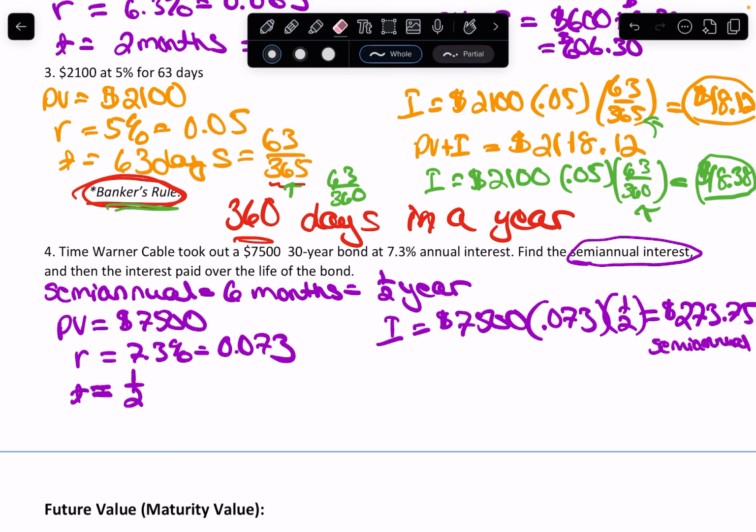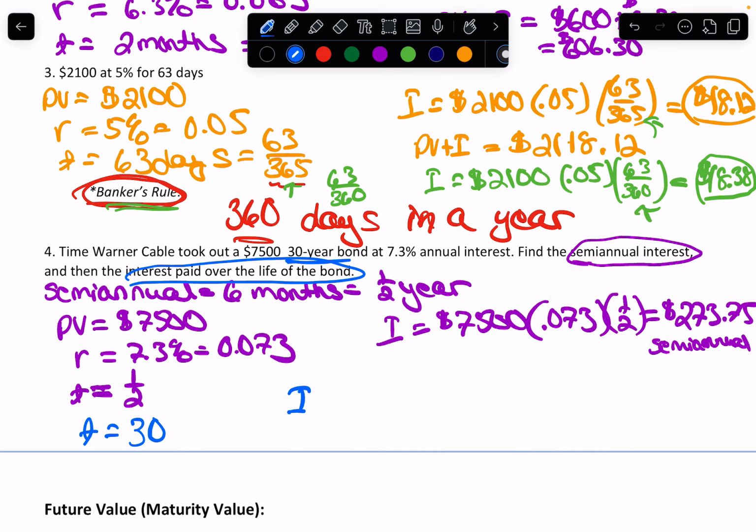Okay, it's asking for us to also calculate the interest paid over the life of the bond. So what's different? It's this 30 years. So instead of the half a year, we're going to use the 30 years.